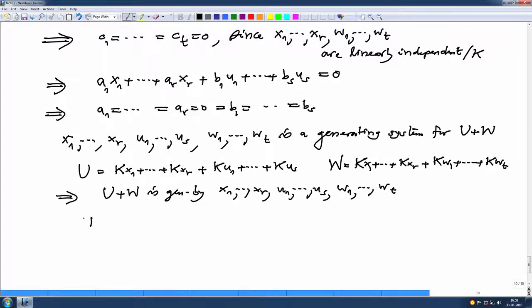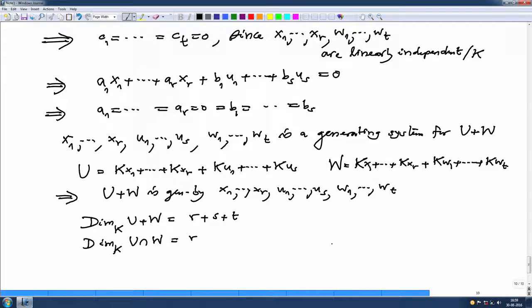So, dimension of u plus w is r plus s plus t, and dimension of u intersection w was r, because it has a basis which has r elements.